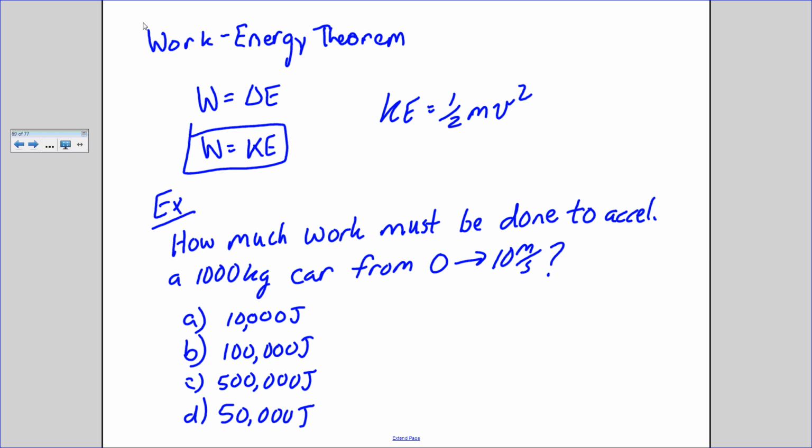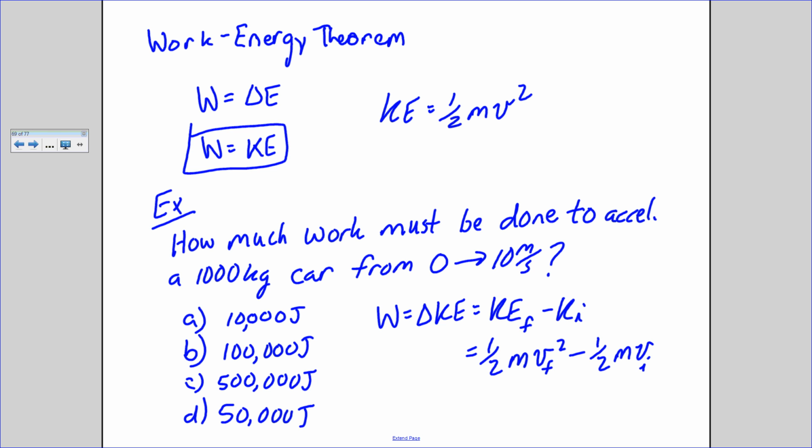If I want to know the work, I just look at the change in kinetic energy. The work is equal to the change in kinetic energy. That's going to be the final kinetic energy minus the initial kinetic energy. That's 1/2 m v_f squared minus 1/2 m v_i squared.